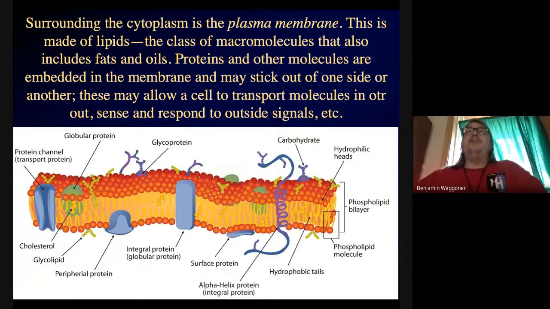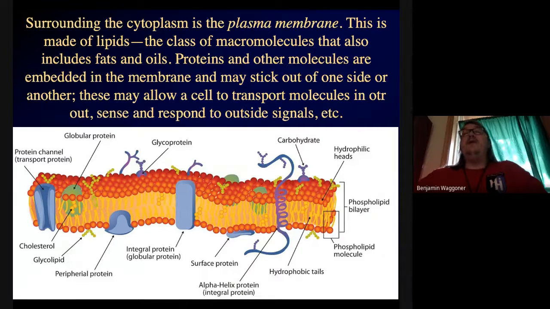Lipids is the class of macromolecules that includes fats and oils, also waxes, incidentally. And a major thing that lipids do is literally form membranes. The membrane that keeps the cytoplasm in and the outside outside. Specifically, this is a type of lipid called a phospholipid.